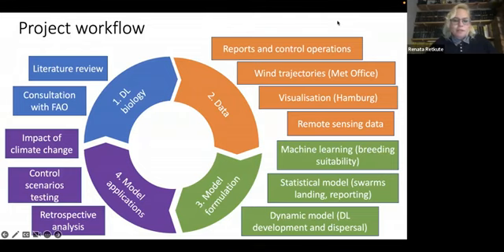Basically that's my work. Then model applications, looking at retrospective analysis and control scenarios. And we are interested in evaluating the impact of climate change on locust behavior and future outbreaks.